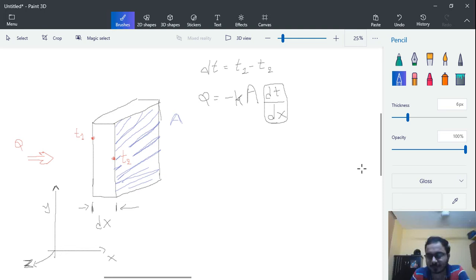So here we need to see that the value of K can be due to two reasons.